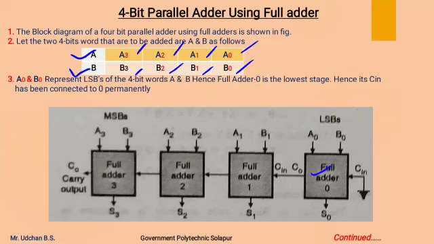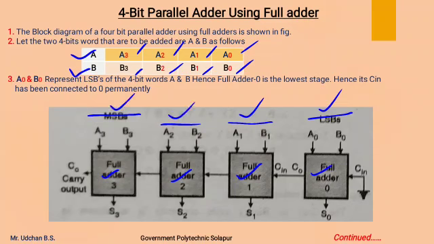Here this is full adder 0, it is named as 0, it is named as 1, it is named as 2 and it is named as 3. These are the 4 bits of two numbers A and B. This is A0, B0, A1, B1, A2, B2, A3, B3.